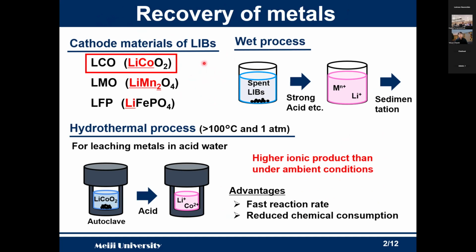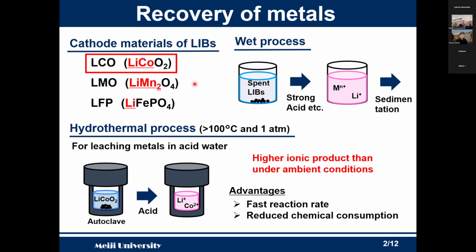In the general wet process, spent LIBs are treated with strong chemicals, for example acid or alkaline, to dissolve the metals in water. Then these metals are precipitated to solid.